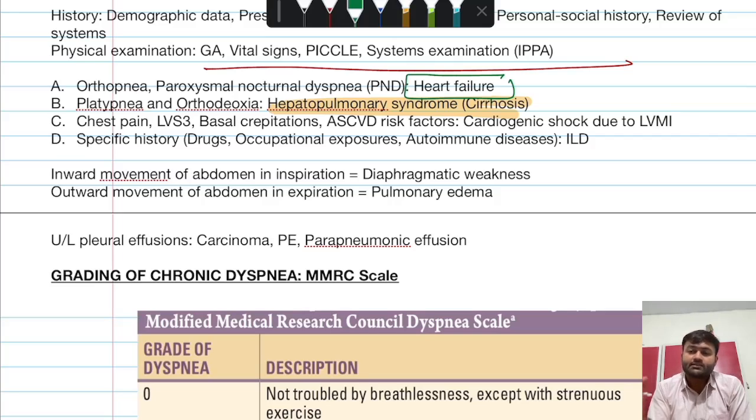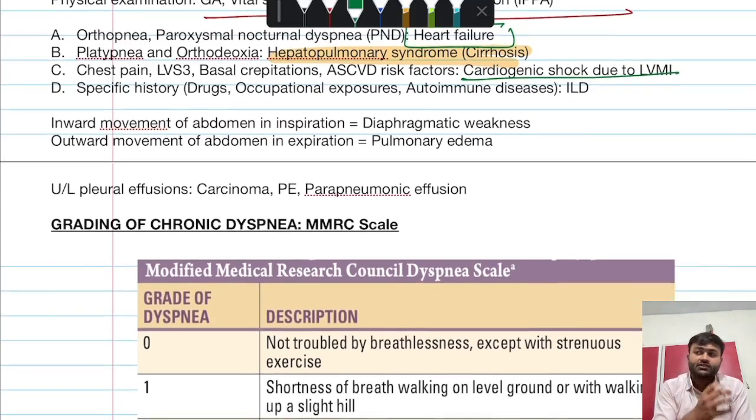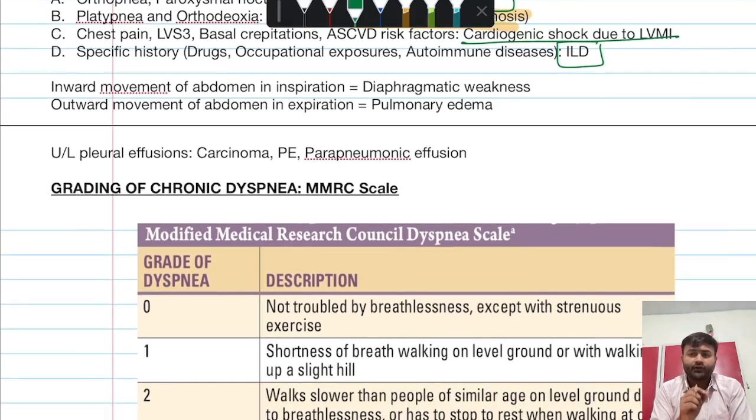And now, because he is presenting with acute dyspnea, he might be landing into cardiogenic shock because of this MI episode. And if there is very specific history of some characteristic drug exposure or some occupational exposures or some autoimmune disease like RA or SLE, there might be a possibility of an interstitial lung disease causing the chronic dyspnea in the patient.